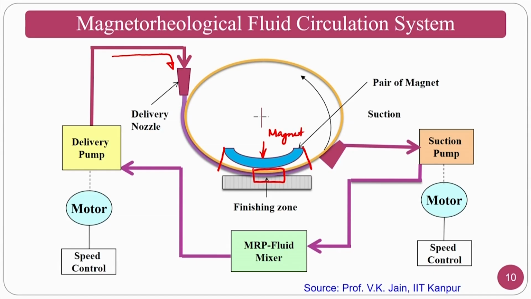Once the finishing action takes place by the flexible magnetized ribbon, which consists of CIP particles, fluid as well as abrasive particles, it will come out and form the fluid again here, and this will be sucked by the sucking pump and returned to the MR fluid mixture, or conditioner tank. Okay. So, this is how the circulation of MR fluid will take place.